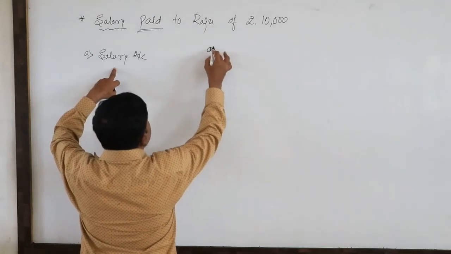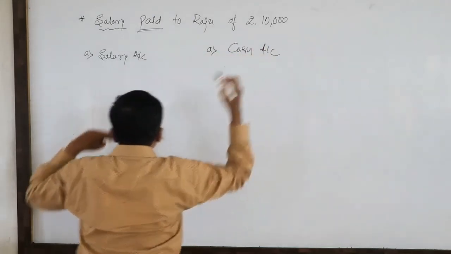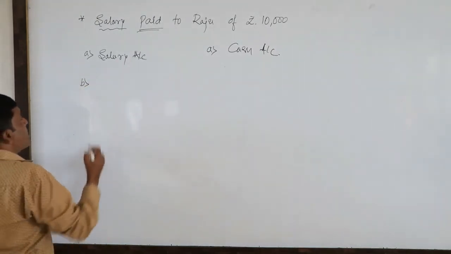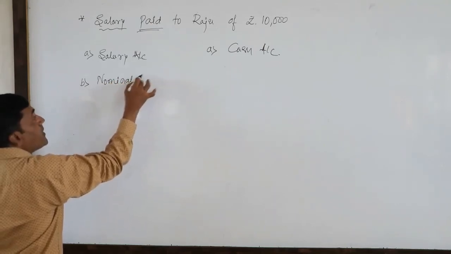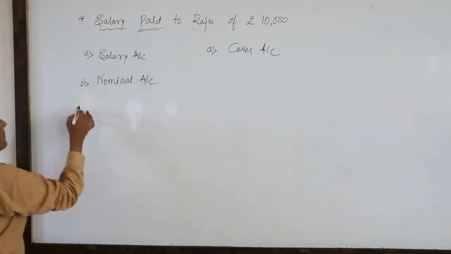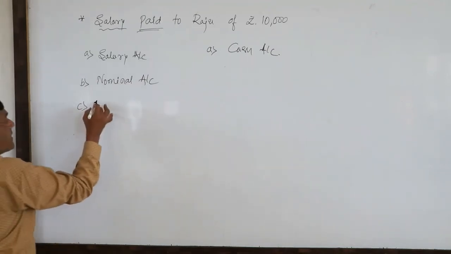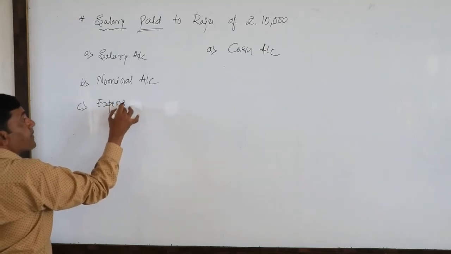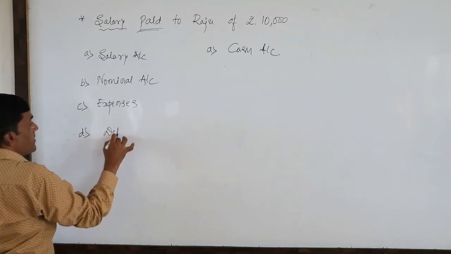Then second one, cash account. Look here, salary is an expense which comes under nominal account. So salary is a nominal account. Salary is an expense, and expenses are debited.